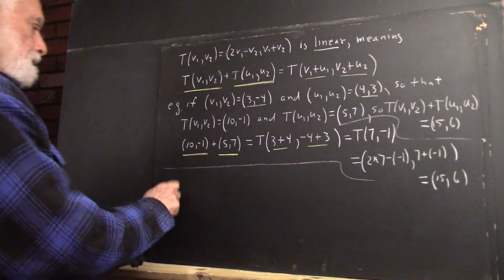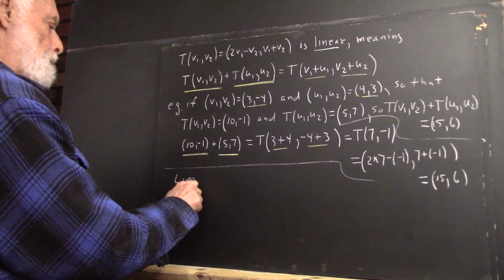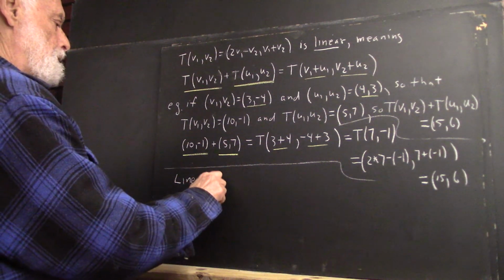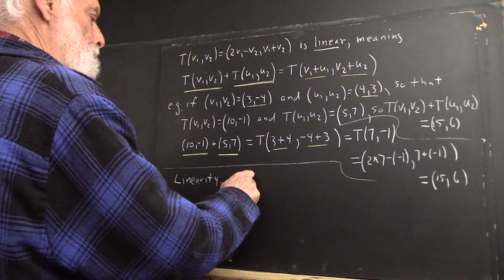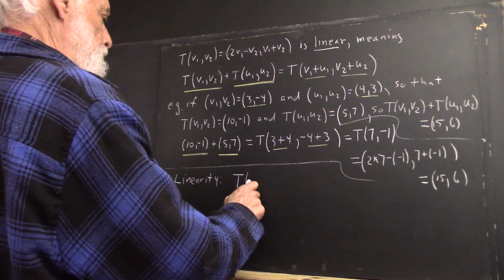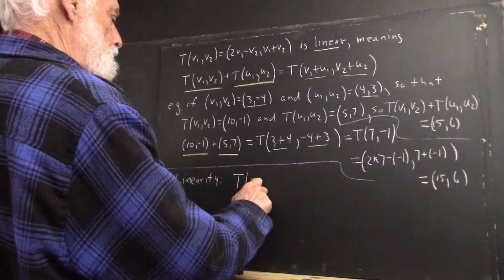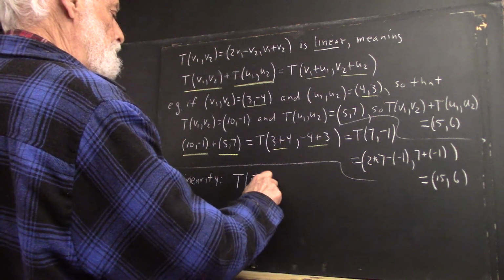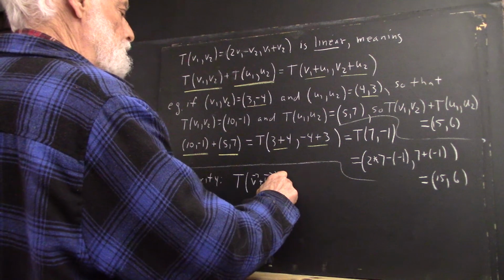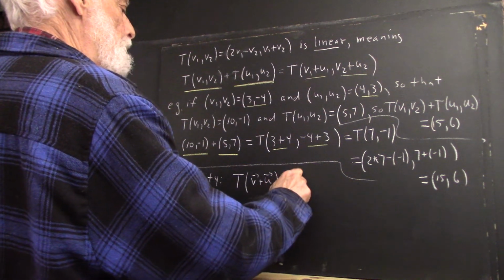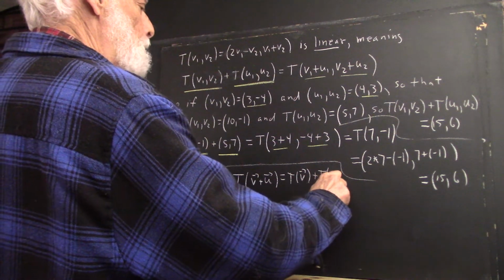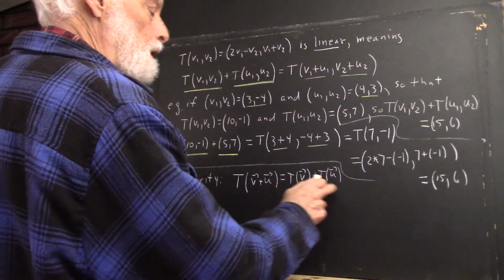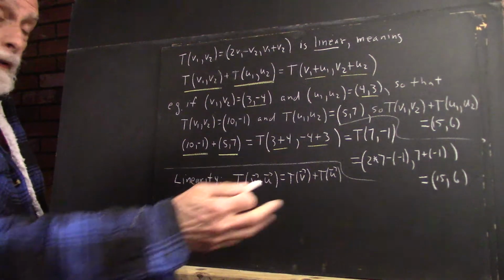Now, linearity means the T of V plus U equals T of V plus T of U. Make sure you understand what that's telling us in terms of the example.